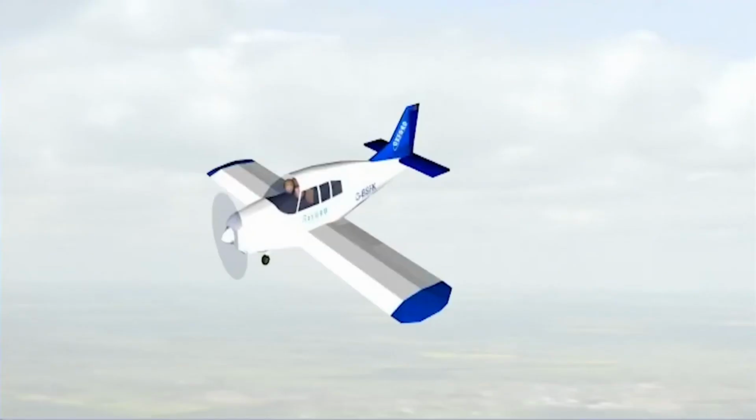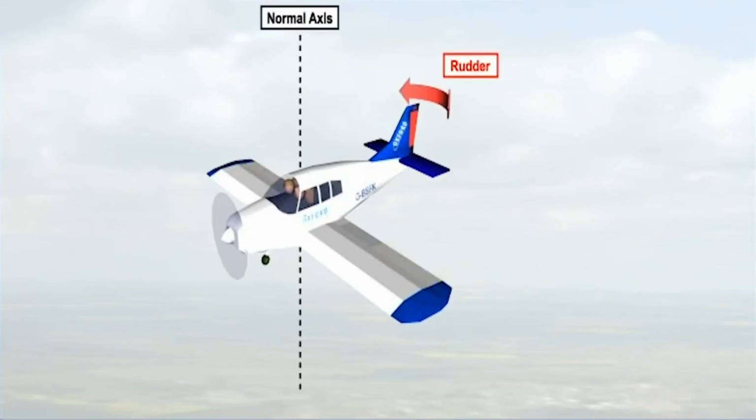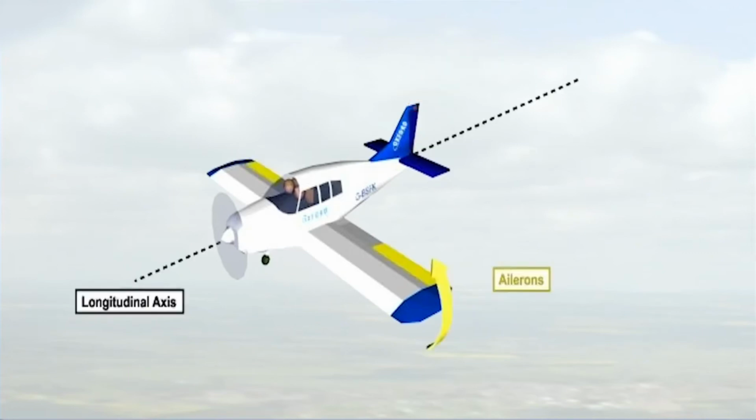We have now learnt the primary effect of the main control surfaces. The stabilator, or elevator, controls the aircraft in pitch. The rudder controls the aircraft in yaw, and the ailerons control the aircraft in roll. As the aircraft yaws about its normal axis and rolls about its longitudinal axis, both these movements generate what are called further effects of the control deflections.